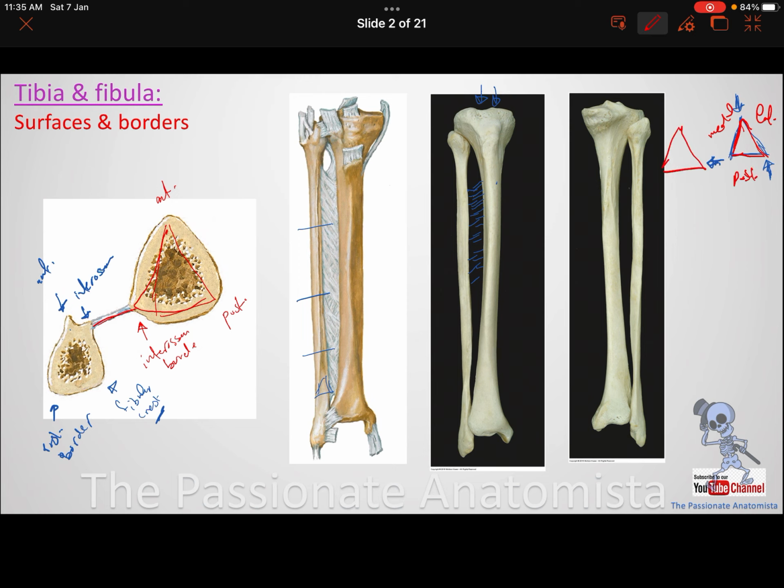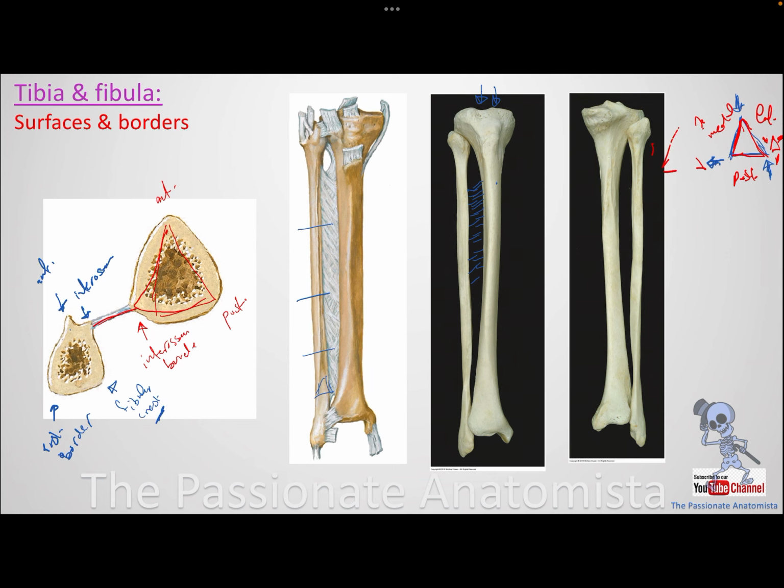If this is my right tibia, the fibula should be outside, and it will have a lateral surface, a medial surface, and a posterior surface. You just orient yourself and imagine that on your own body, and it's going to be very easy.